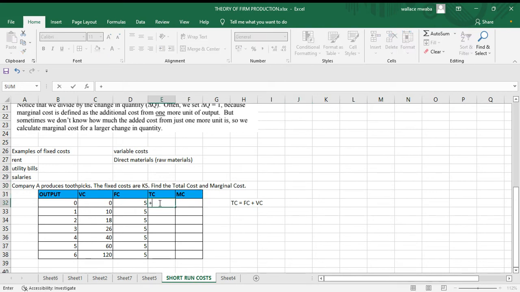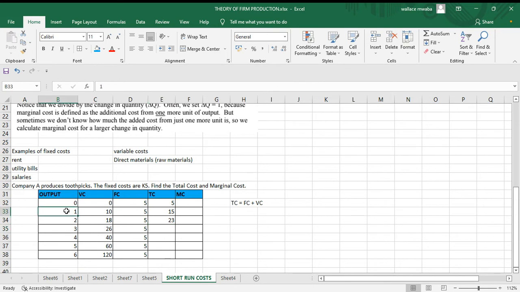So as I said, it's fixed cost plus variable cost. Our first total cost here is 5. Our next one, we'll say 10 plus 5, we get 15. Next one, we'll say 18 plus 5.